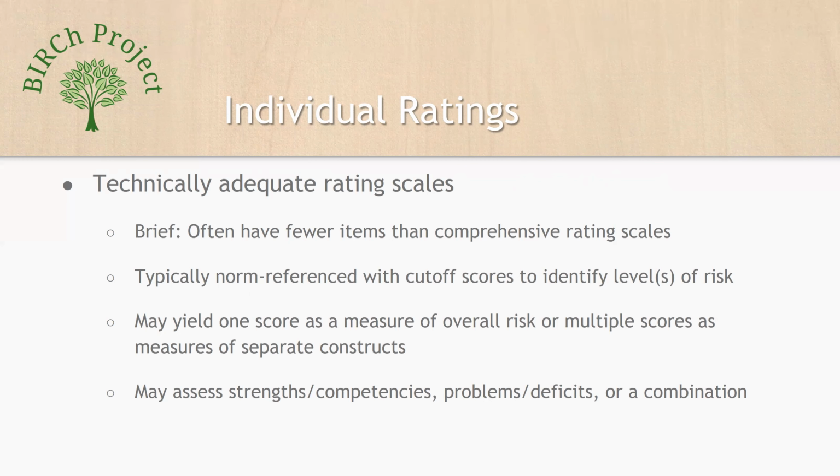These individual rating scales vary widely in the constructs that they assess. Some assess exclusively strengths and competence, some assess problems or deficits, and some have a combination of the two. So again, you can see how the constructs that you wish to assess in some ways inform the screening approach or the screening tool that you select.